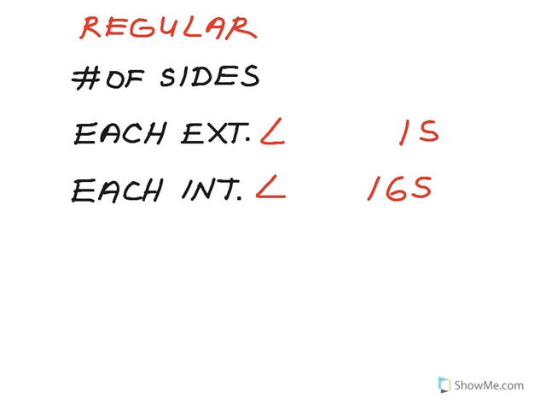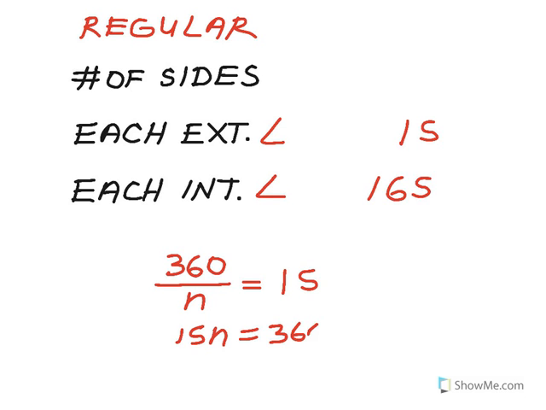And now to solve for the number of sides, again, I know that 360 degrees, the sum of the measure of all the exterior angles, when I divide it by the number of sides, is equal to the measure of one exterior angle, in this case 15. So multiply both sides by n. 15n is 360. Dividing through, n equals 24. So this regular polygon would have 24 sides. And that's it.